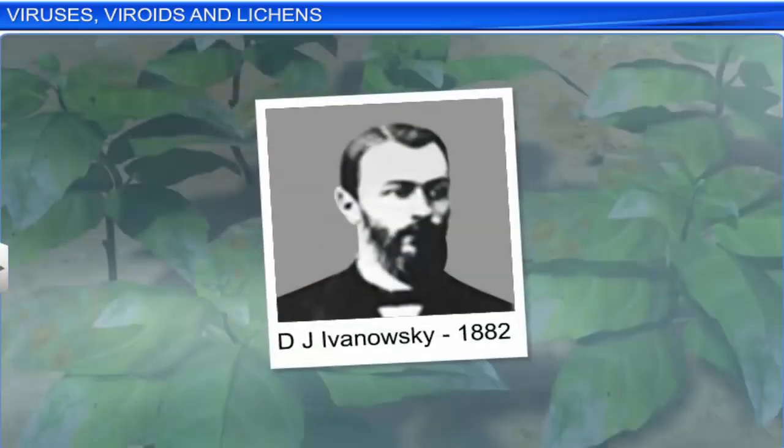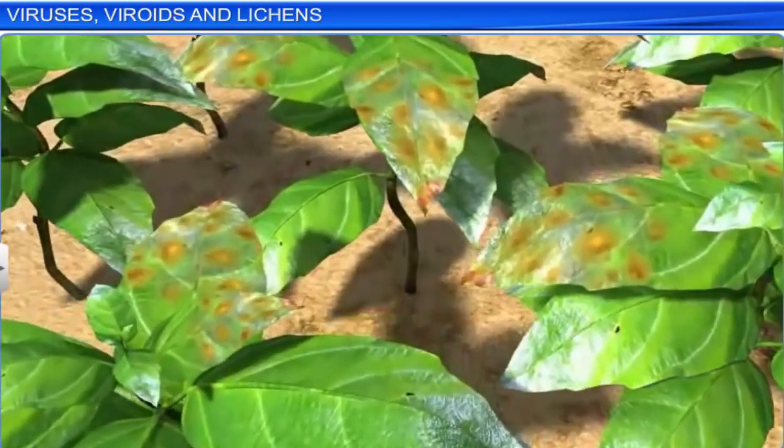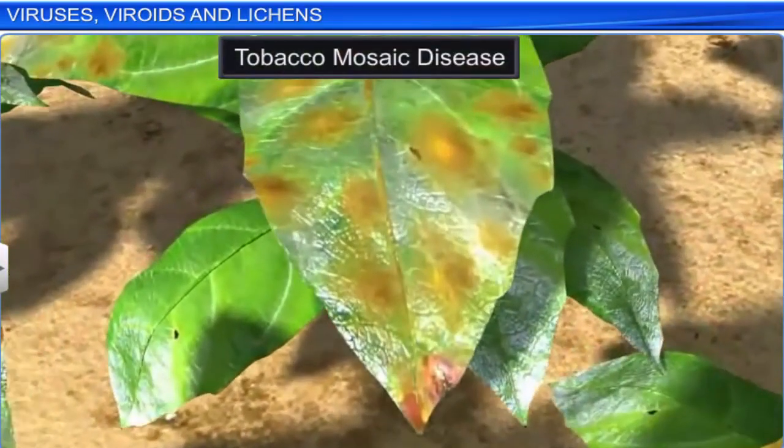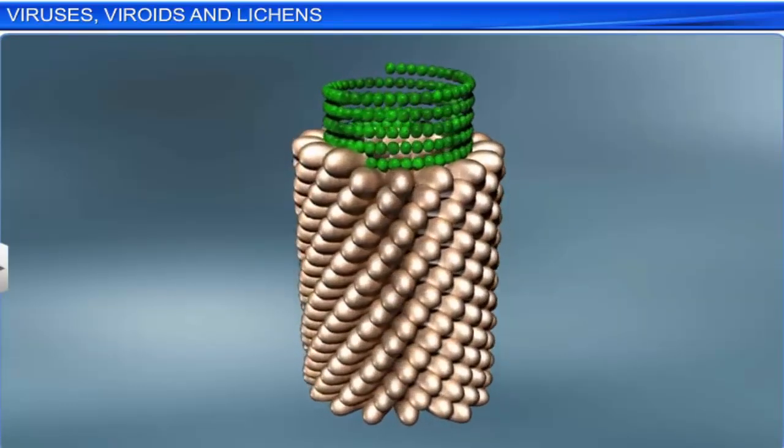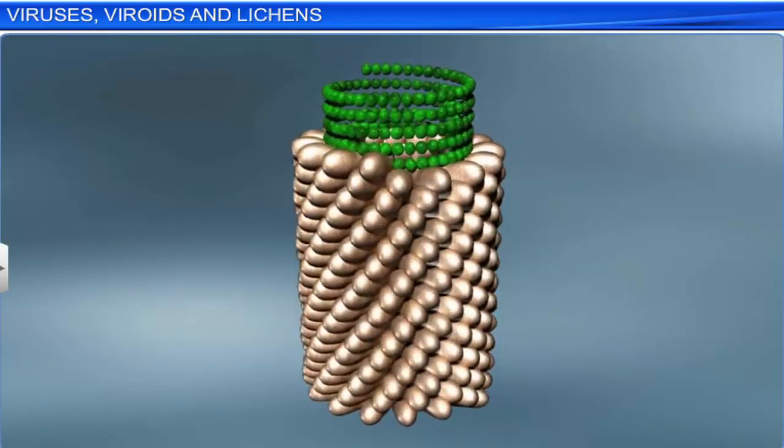It was D.J. Ivanowski who in 1892 discovered the tobacco mosaic virus, or TMV, the microbe that causes mosaic disease in tobacco. This virus was smaller than a bacteria.